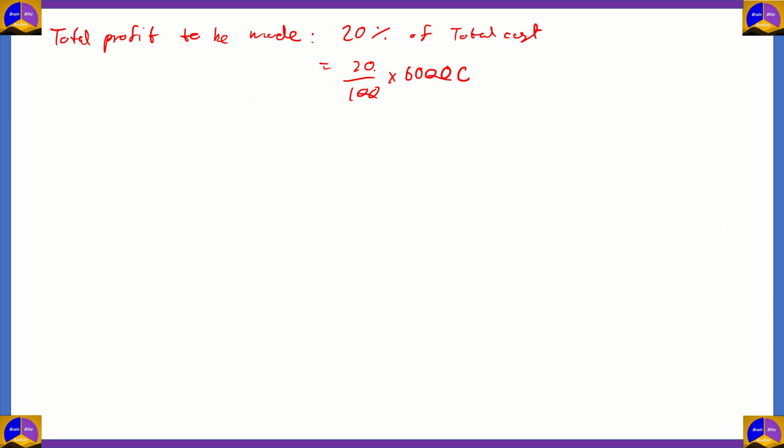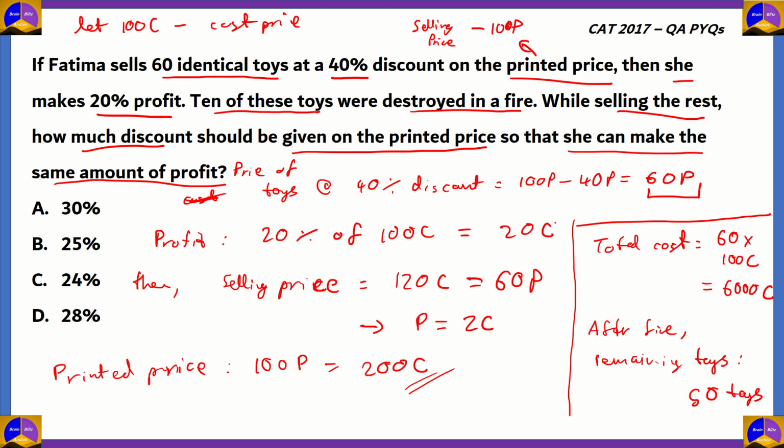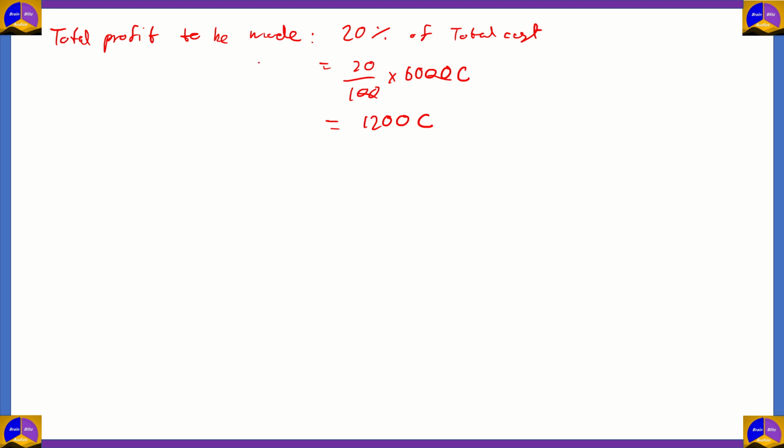Now that gives you 20 times 60, which is 1,200C. All right. So this is the total profit that she has to make. Now remember, her total cost was 6,000. Her total profit to be made is 1,200. That means her total selling price will be equal to 6,000C plus 1,200C, which is equal to 7,200C.